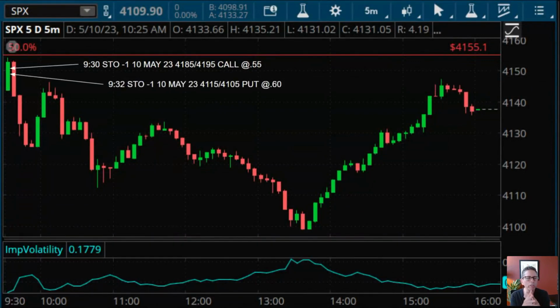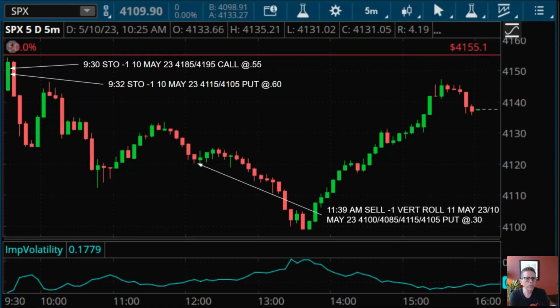Okay, so I put on this trade, and the positions were 41.85, 41.95, and 41.15, 41.05. And these trades here I put on within 2 minutes of the market opening. And so what happened?